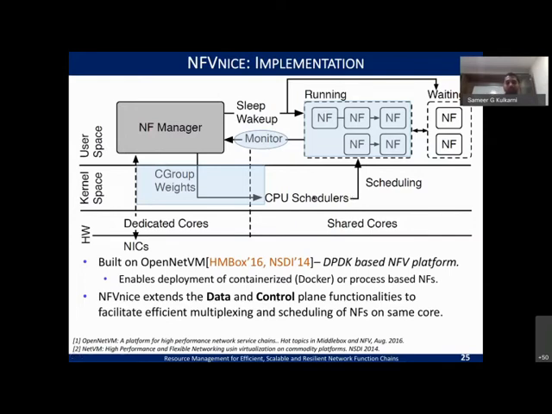Right? So those are the simple primitives that we build in user space to enable the kernel space to use those primitives and ensure that the scheduling is done in the right manner. So this is the overall system framework and how this has evolved.